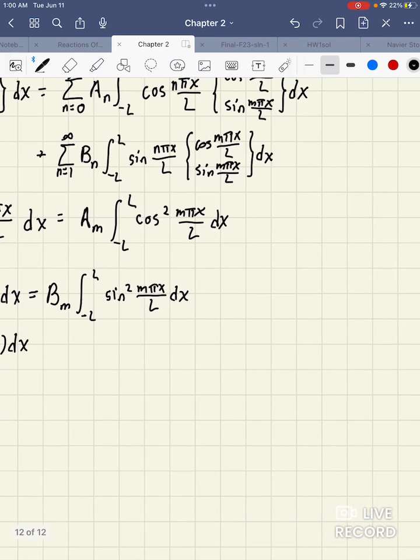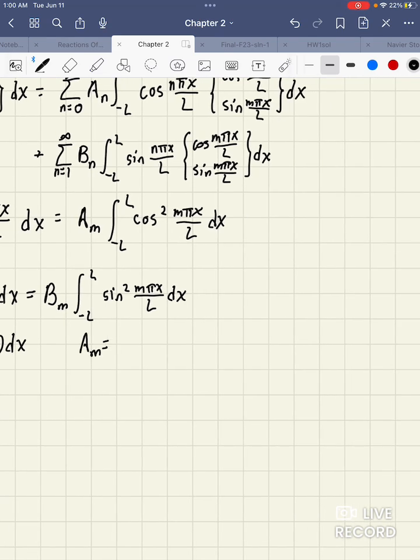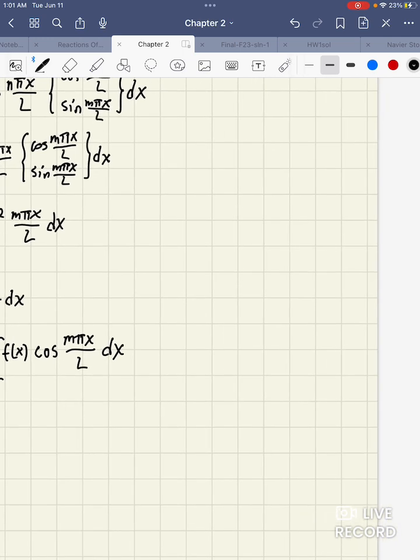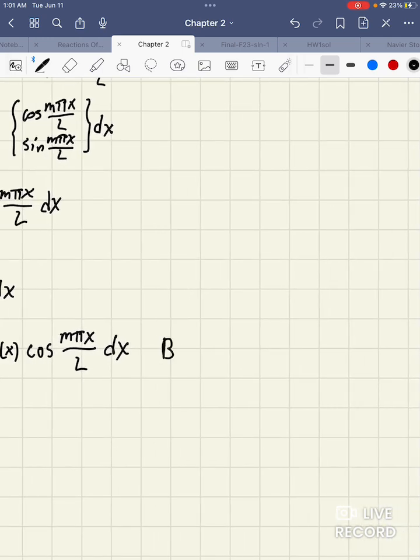My a of m is equal to 1 over L times the integral of f of x cosine m pi x over L dx, and my b of m is 1 over L times the integral of f of x sine m pi x over L dx.